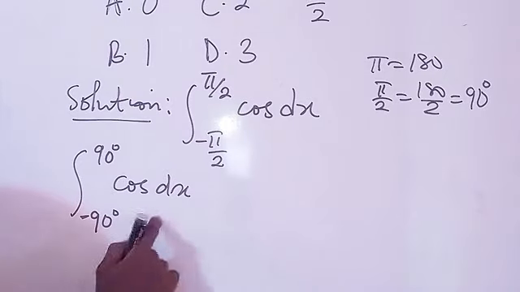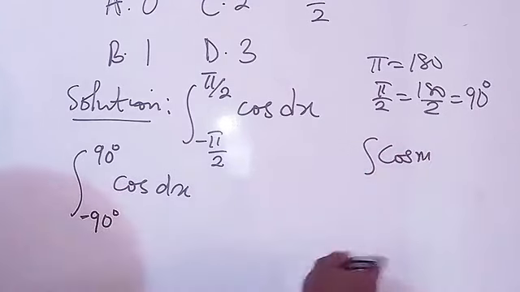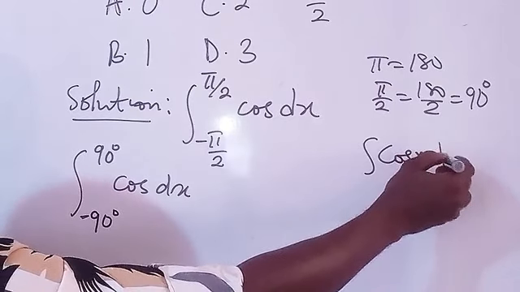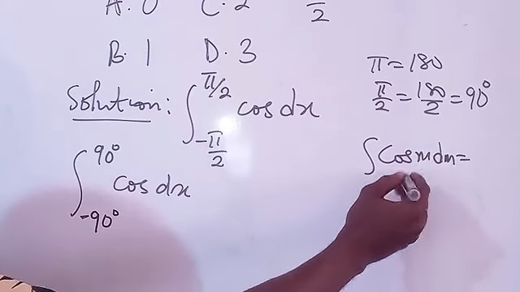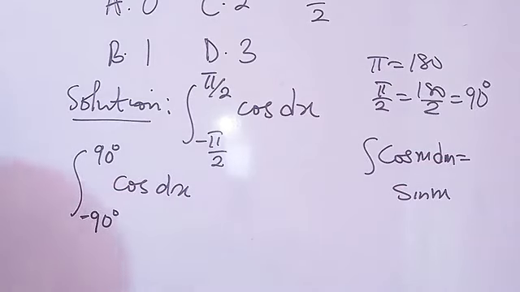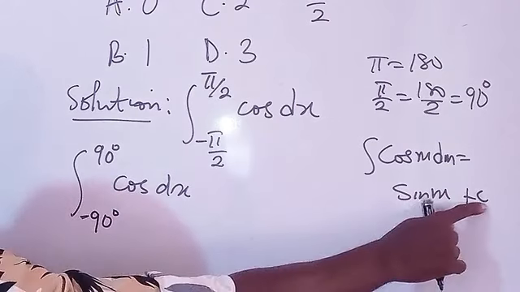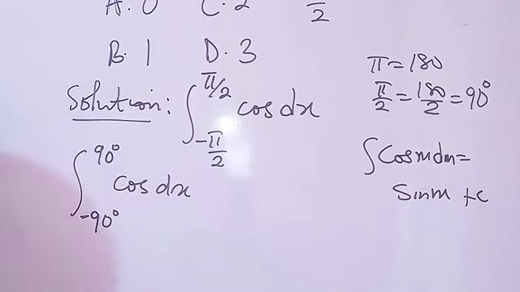Now whenever you want to integrate the cos function, cos x with respect to x, it is going to be sine x plus c. But because we have a lower limit and upper limit, we are not going to put the constant of integration, that is c.